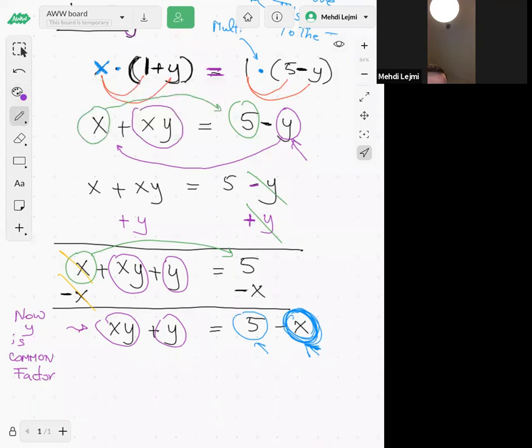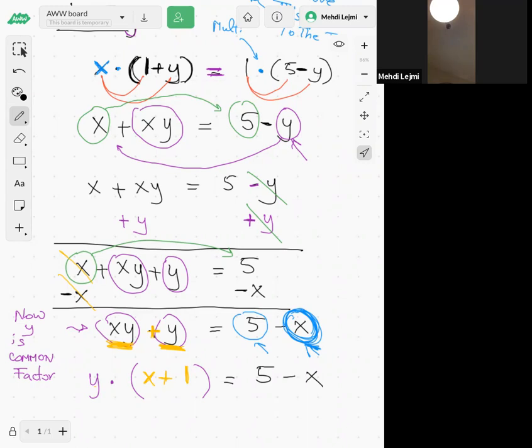So that's y times, now this is x times y, so here I need to multiply by x, because y times x would be xy. There's a plus, and here it's just y. If you factor out the y, you end up with 1 here, because y times 1 is equal to y. And on the right side, of course, it's again 5 minus x.